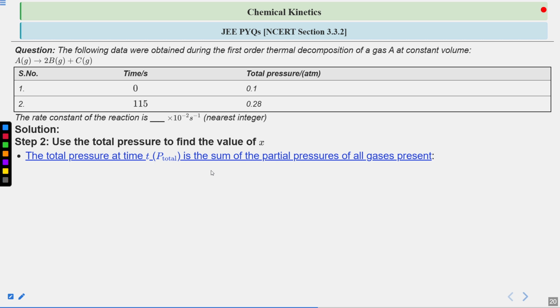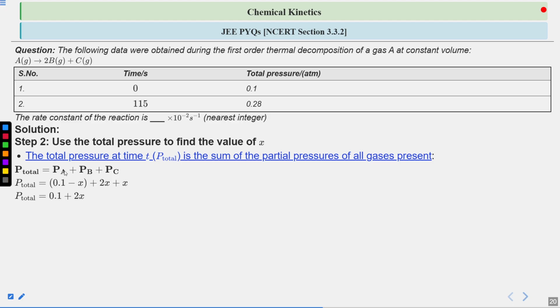So you have to sum the partial pressures of all gases to get the total pressure at time t. So total pressure is equal to PA plus PB plus PC. PA represents the partial pressure of A, PB represents the partial pressure of B, and PC represents the partial pressure of C.